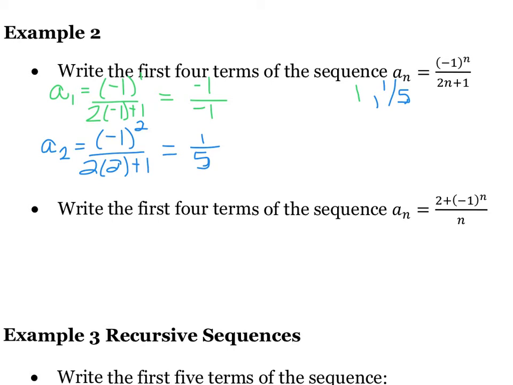And just since we're on a roll, I'll change colors again. A sub 3 would be -1 cubed over 2 times 3 plus 1. So that gives us -1 over 7.